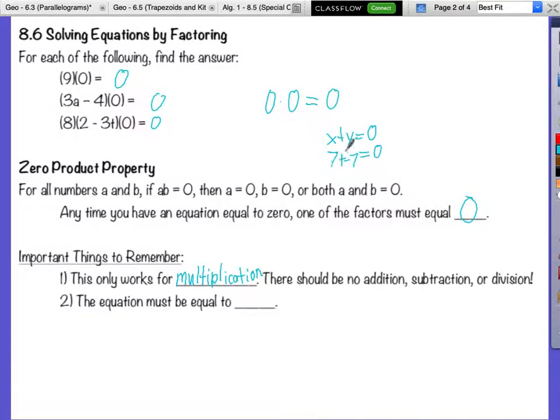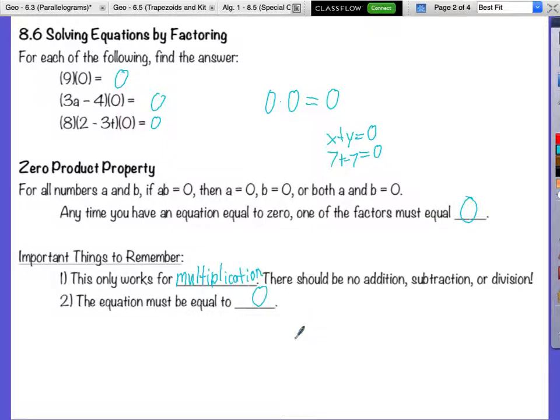Negative 7. Are either of these numbers 0? No. But for multiplication, one of them has to be. For addition and subtraction, they don't. And the equation must be equal to what number for this to work? 0. It cannot be equal to anything else for this to work.